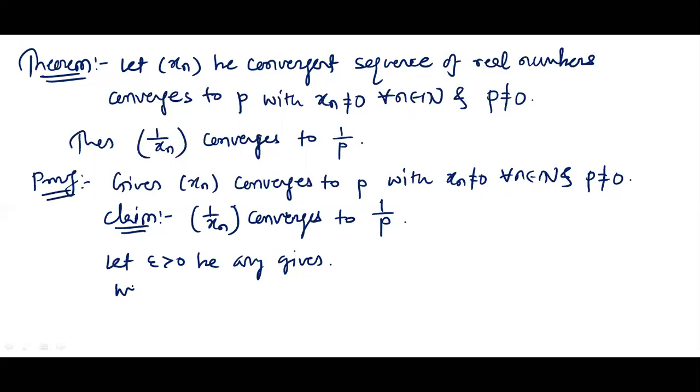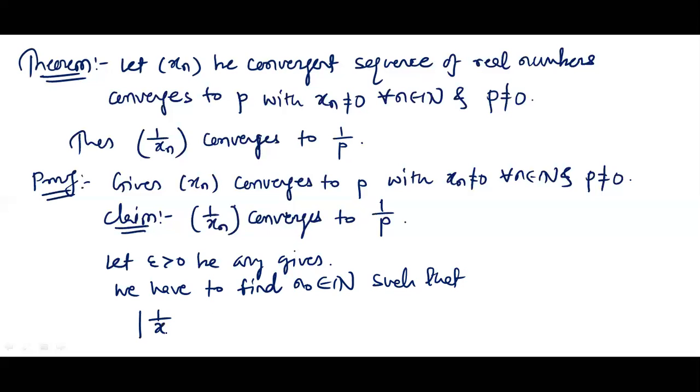We have to find a natural number n node such that mod of 1 by xn minus 1 by p is less than epsilon for all n greater equal n node.